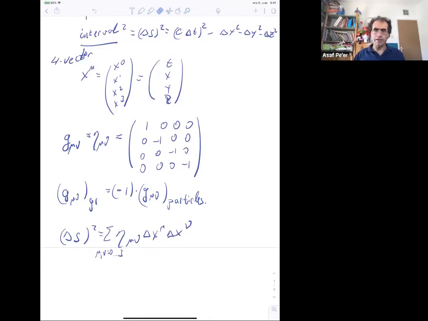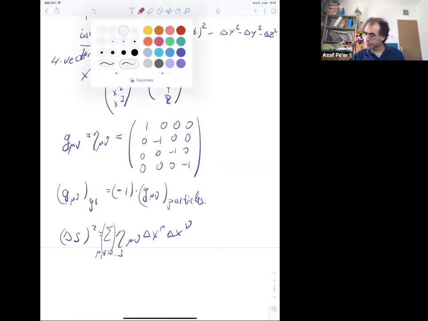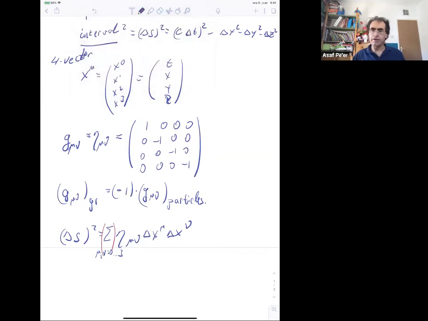But since they appear once as an upper index and once as a lower index, we don't need to put the summation. We can simply ignore it. But if you're confused, then you put back the summation.